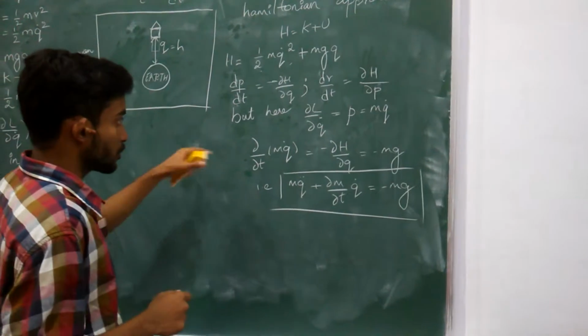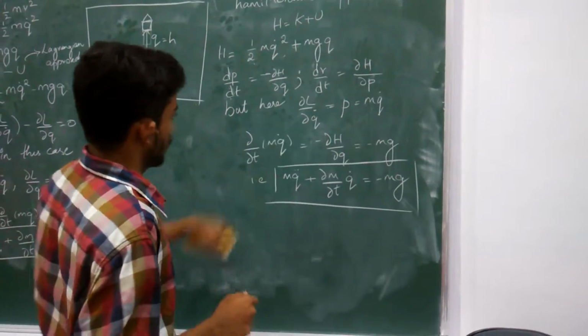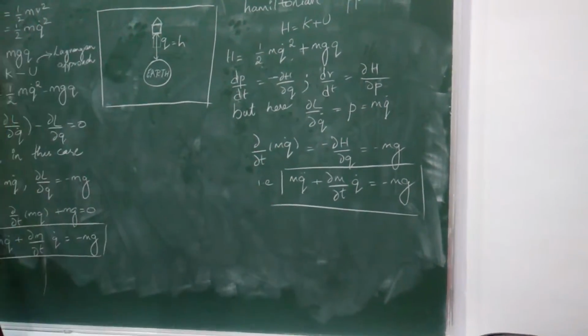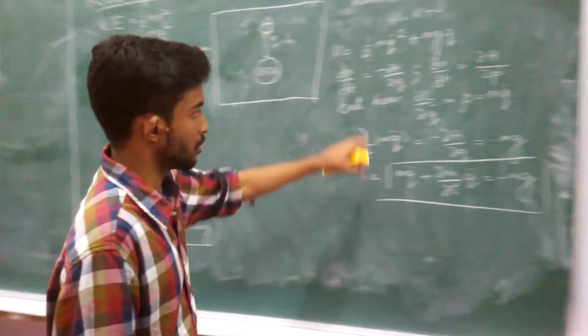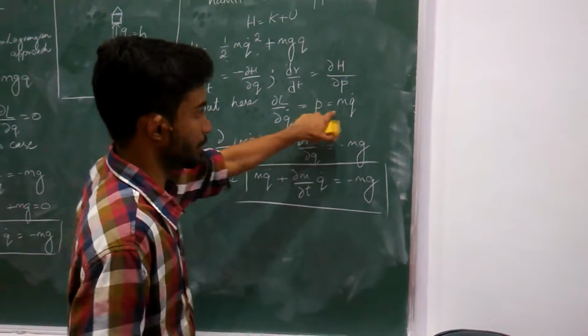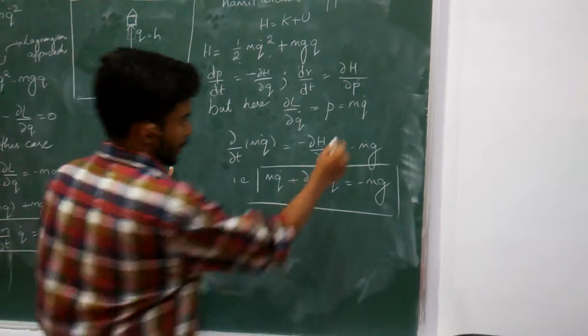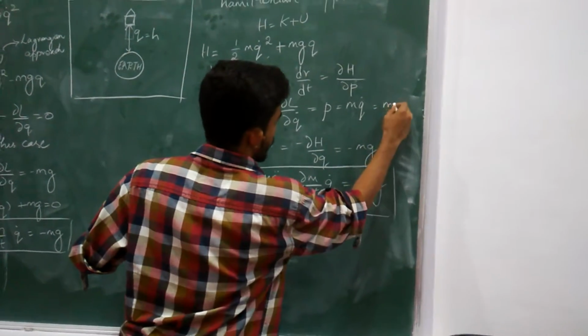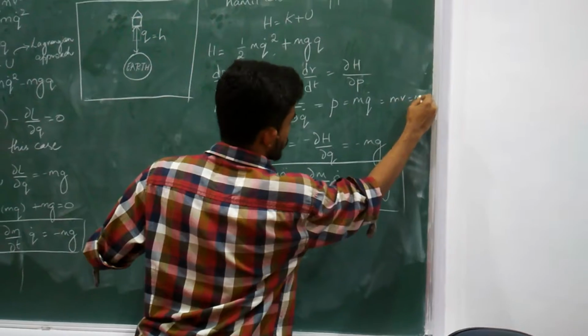Also, we know that dou L by dou q dot is equal to p, and dou L by dou q dot we have derived here, that is mq dot. So we got the momentum of the rocket as mq dot, which we can directly write as mv, and we got it as mq dot.